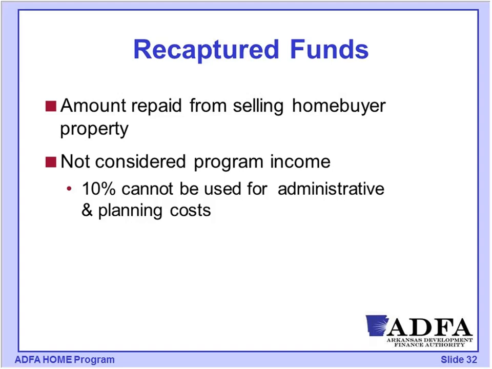That amount that is going to be paid back is not considered to be program income, because that project hasn't fully met its requirements by completing that affordability period. So the HOME rules themselves do allow 10% of that to be set aside for administrative and planning costs.